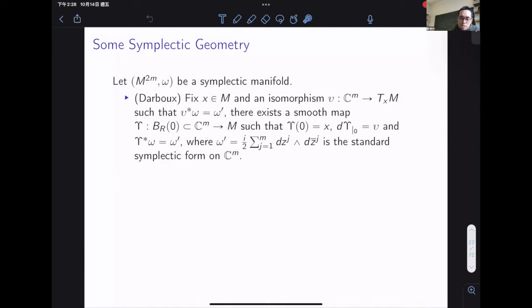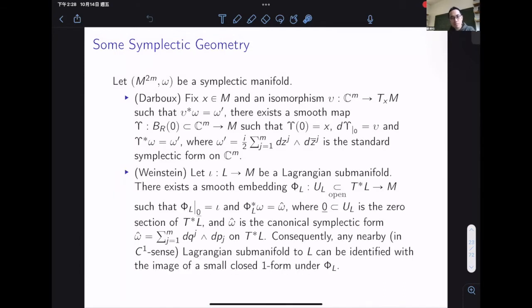And the thing is that throughout this neighborhood of x, the symplectic form is preserved. Here, omega prime is the standard symplectic form on the complex Euclidean space C^m. The next theorem is basically a generalization of Darboux's theorem.